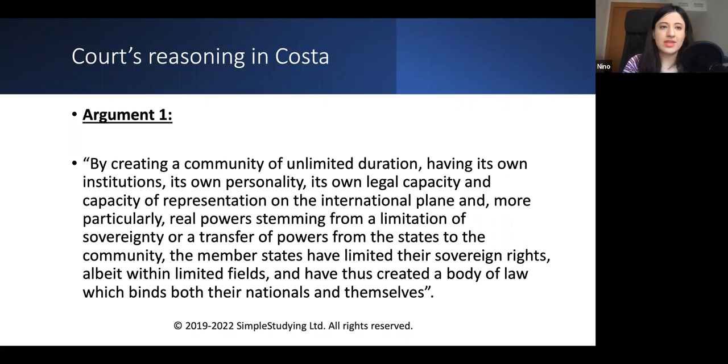So this is where they have expressly said in Costa that member states of the European Union have limited their sovereignty when they decided to enter this union.